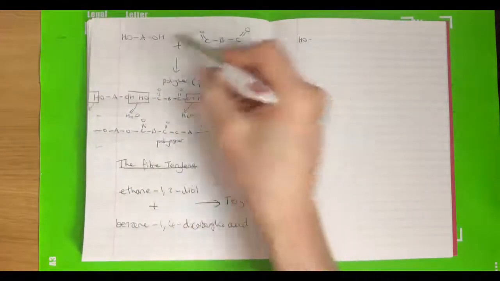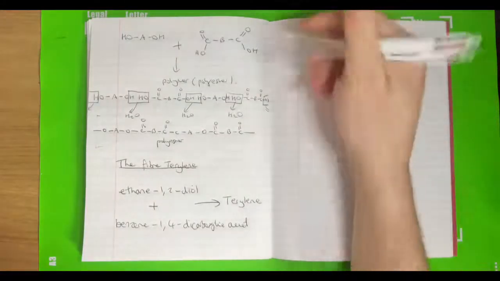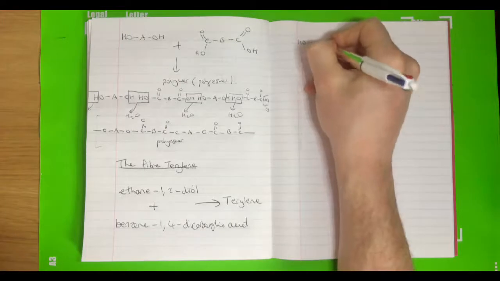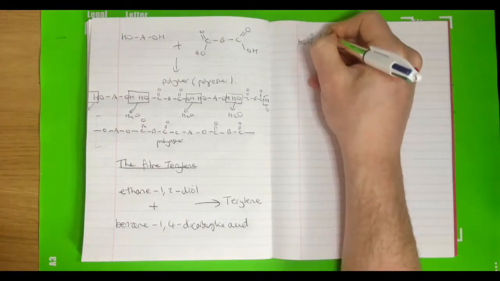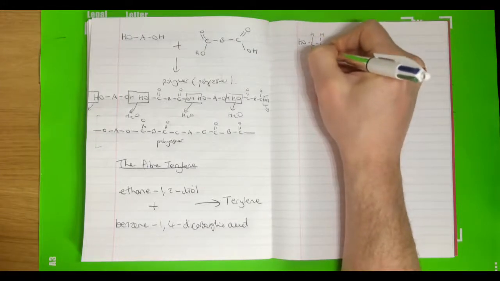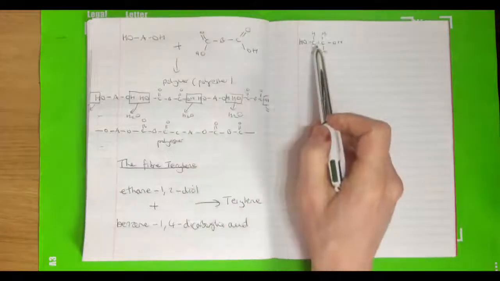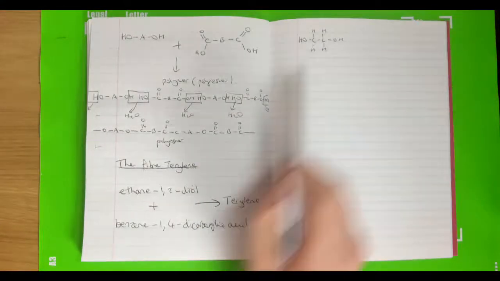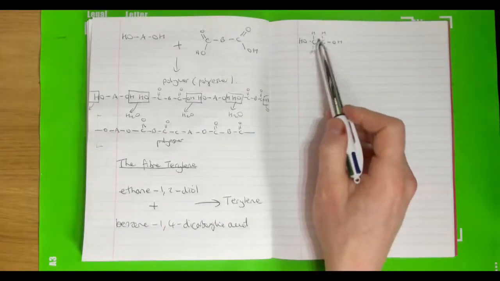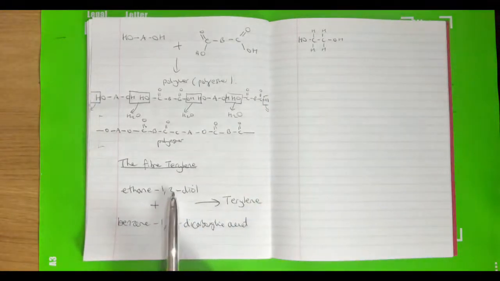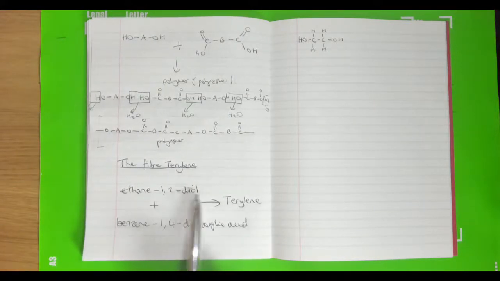So here's the general equation, if you like, and this is a specific equation here. So here we've got our diol. So this A here is just CH2CH2. And this is ethane-1,2-diol. Ethane, because there's 2 carbons. Off carbon 1 and carbon 2, I've got an alcohol group. There's 2 of them, so I write diol here.